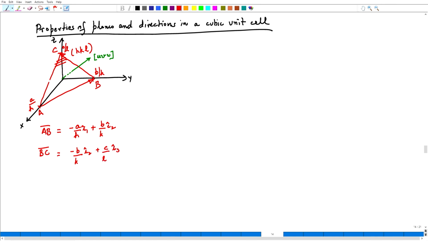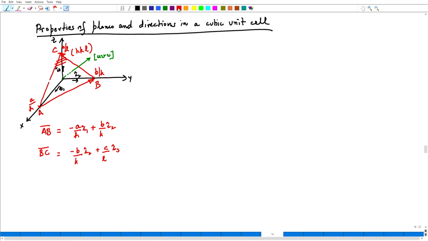As before, the vector I1 is the unit vector along x, vector I2 is the unit vector along y, and the vector I3 is the unit vector along z.